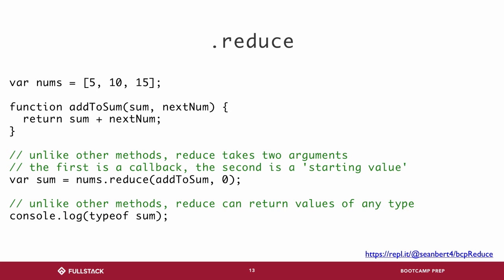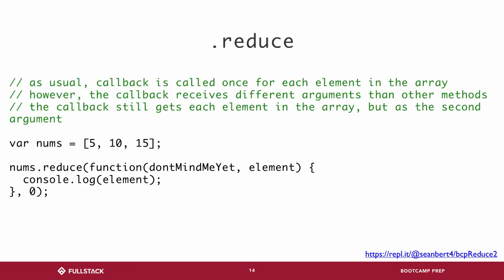So unlike the other ones, reduce takes 2 arguments. The second one is the starting value. It does iterate through each element of the array, unless you don't put the starting value. But it is that second argument. So be mindful of the order you place the arguments in reduce.